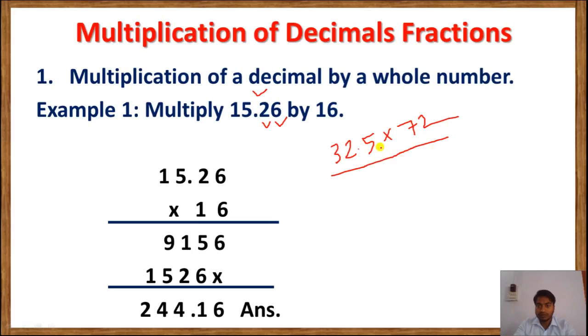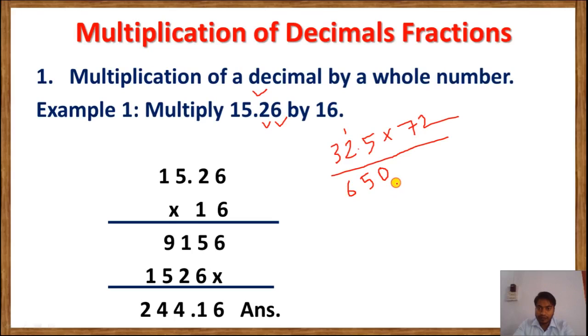So this number we have to multiply by 72. First we'll multiply these numbers by 2. So when we multiply we'll get 2 into 5 is 10, carry 1 for this. Now 2 into 2 is 4 and plus 1 is 5. Now 2 into 3 is 6.